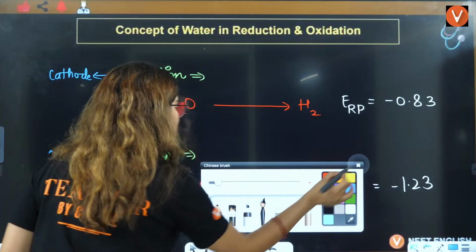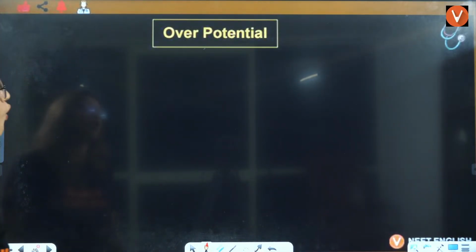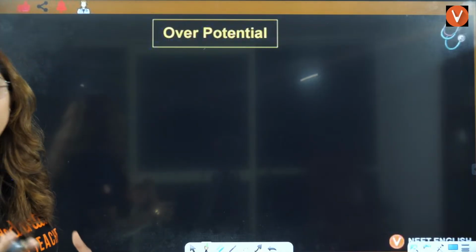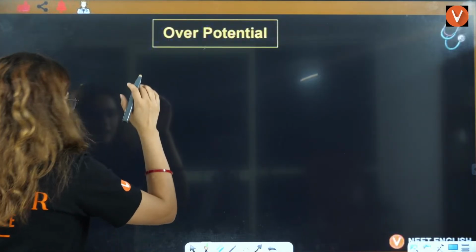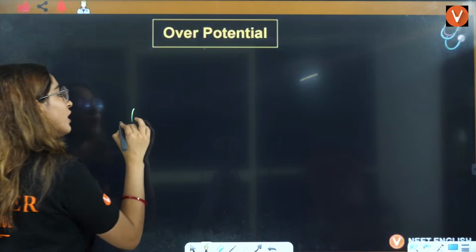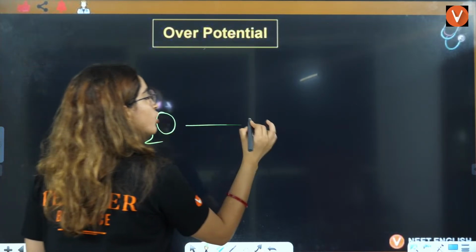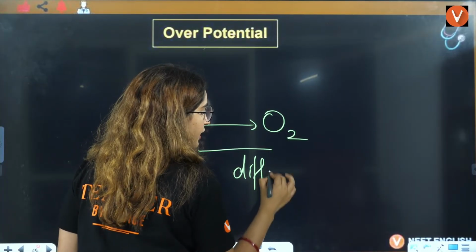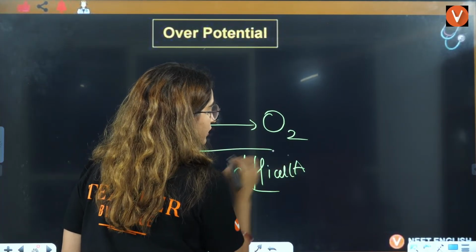Now, there is one more concept called overpotential. In this concept, converting H2O to O2 is very difficult.